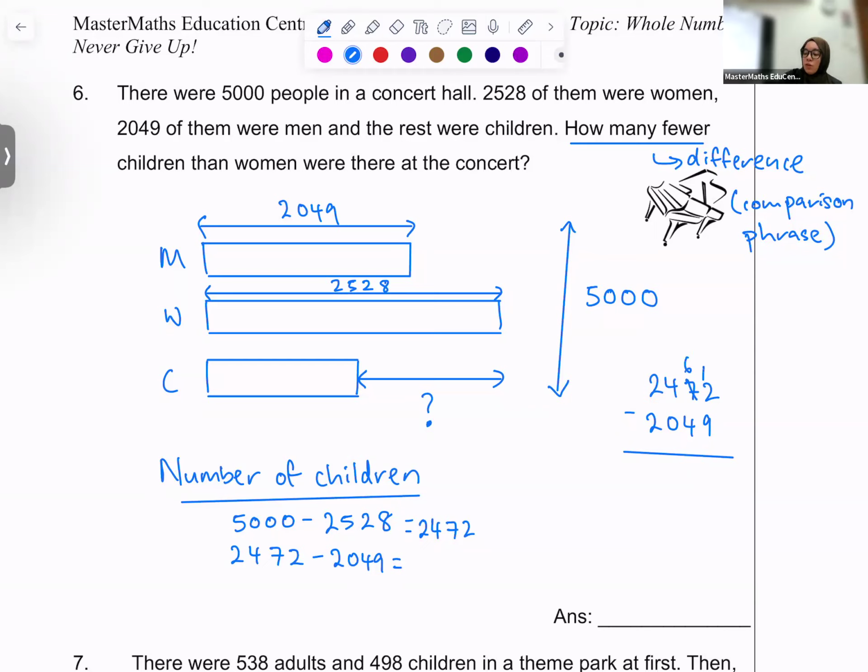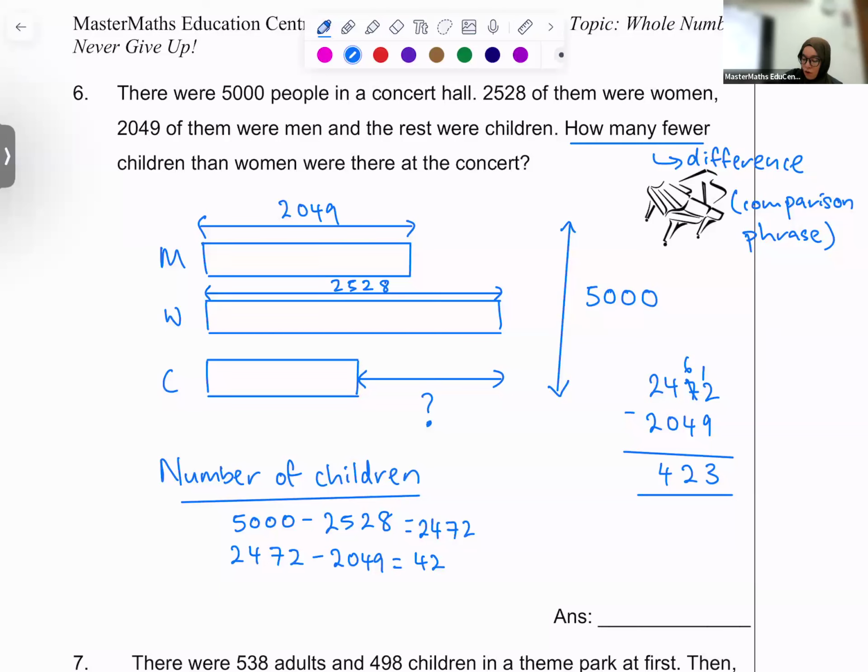Then this one becomes 12. 12 minus 9 is 3. 6 minus 4 is 2. 4 minus 0 is 4 and 2 minus 2 is 0.